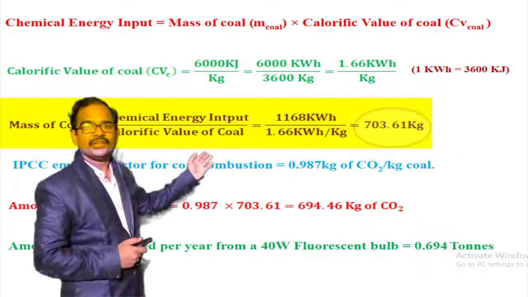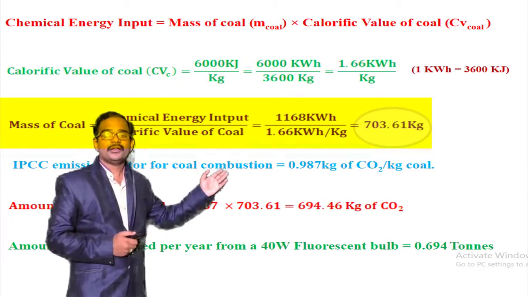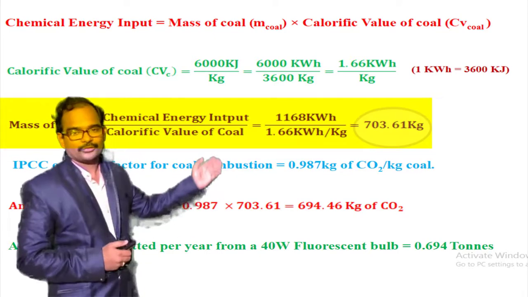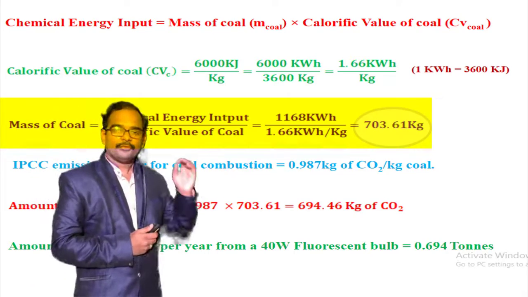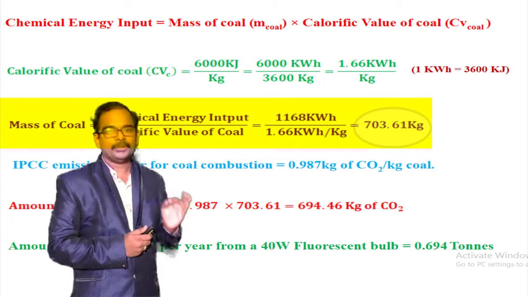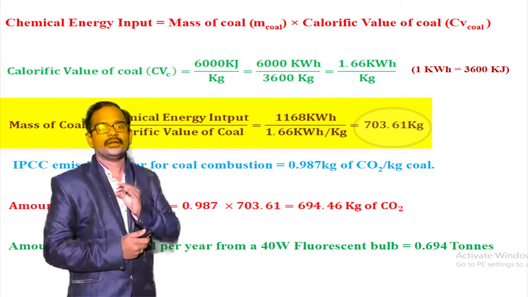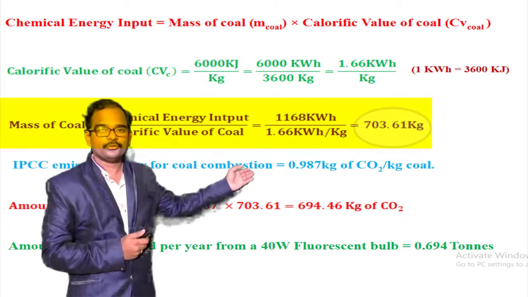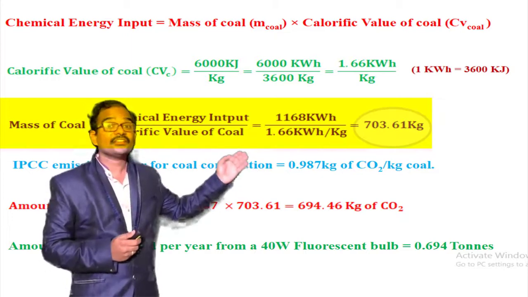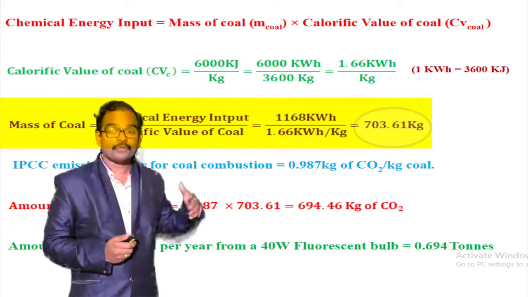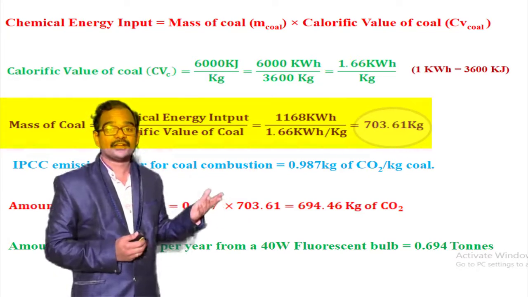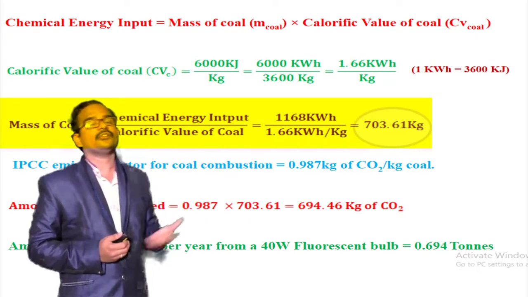But if you see it in terms of values, you will understand the power of energy conservation. A 40 watt tube light, only one tube light in your home, if you run it for one complete year, you are consuming 703 kgs of coal, 0.7 tons of coal.